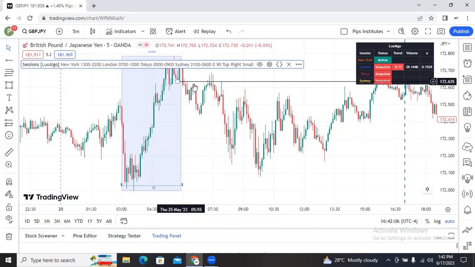So the next thing we're looking out for is a fair value gap.